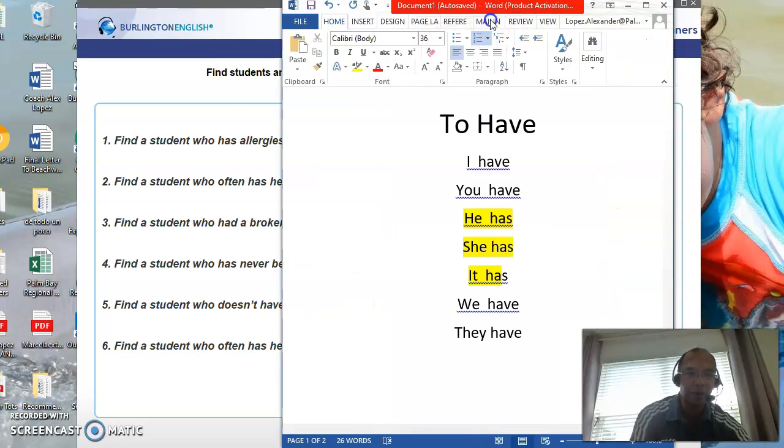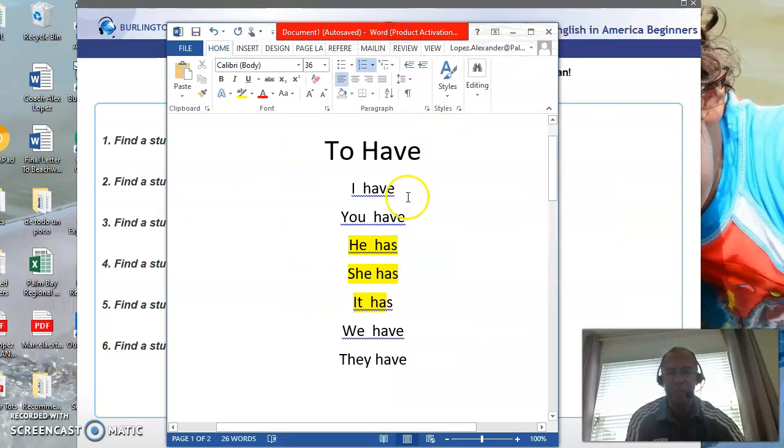This is the verb to have, as we discussed last time. When you make the conjugations, the forms of the verb are as follows. I have. You have. He has. She has. It has. We have. They have.